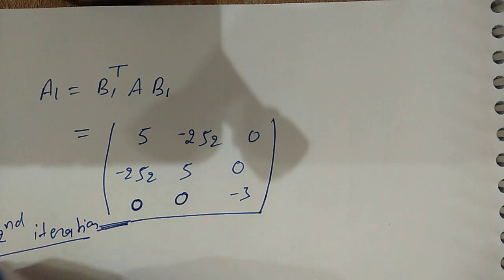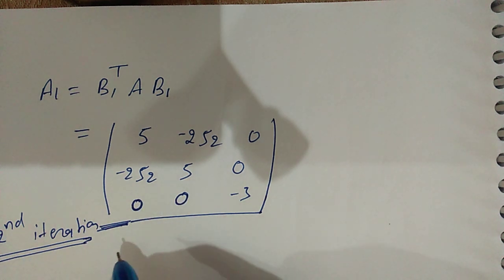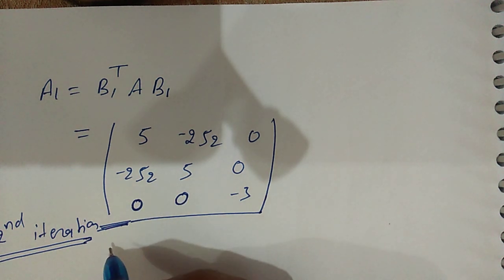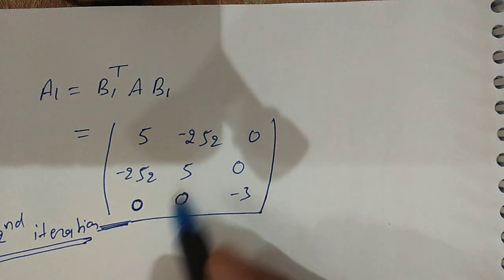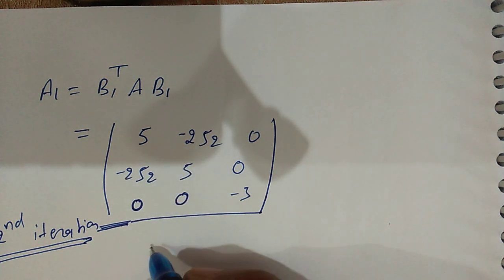We have to keep on doing iteration until we get the diagonal matrix, and the diagonal entries are eigenvalues. So now for this matrix, let us try to find out the Aij.